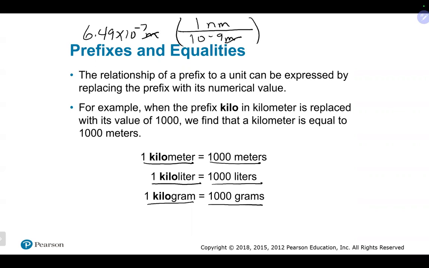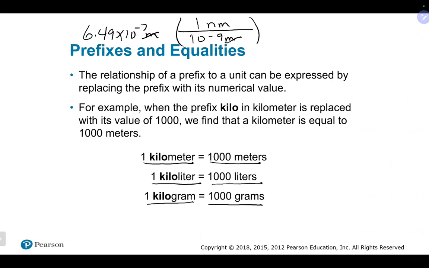Once again, we're going to basically multiply what's on top. So 6.49, exponent button, -7. We're really multiplying it by 1, so you don't really need to do that. But if you like, you can multiply it by 1. We are then going to divide it by basically 1 times 10 to the minus 9, put in correctly in your calculator.